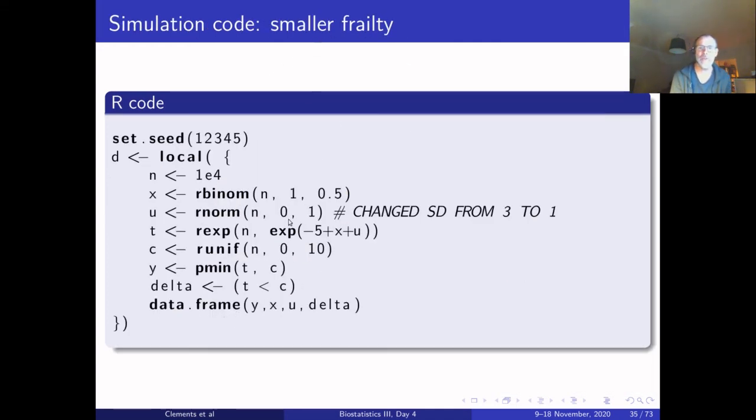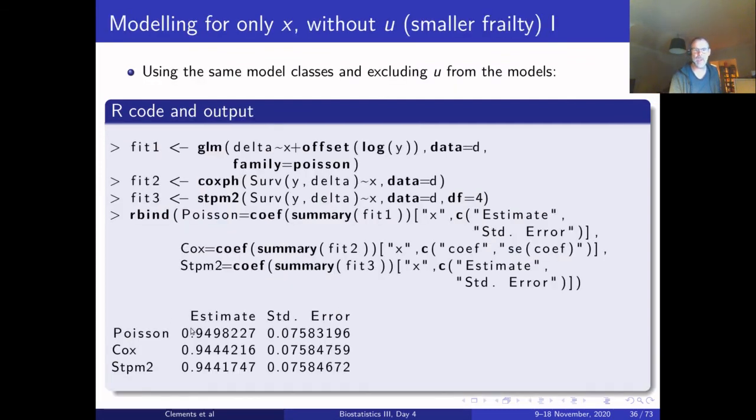Also, if there's a smaller frailty, so instead of the random effect being 3, so that was 3, now we change it to being 1, and then if we do that, then this is much closer to 1.